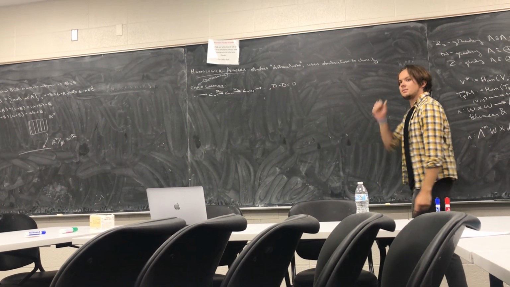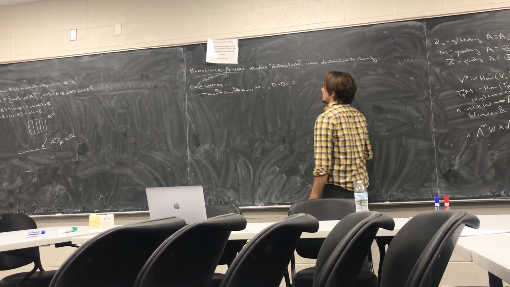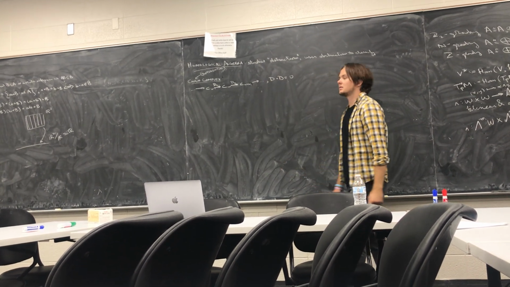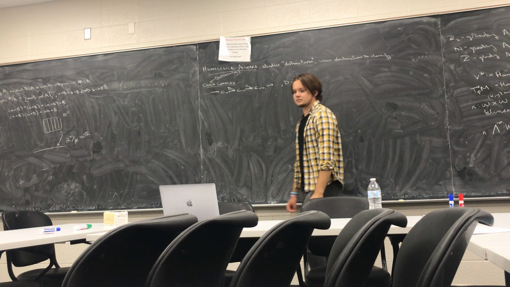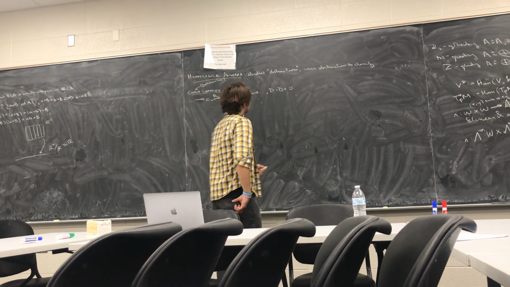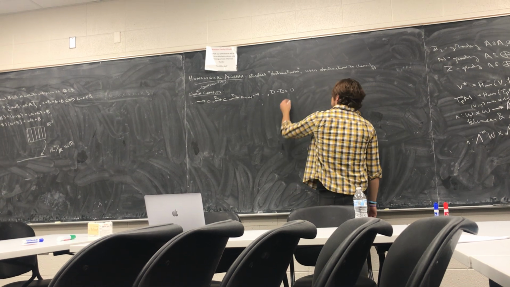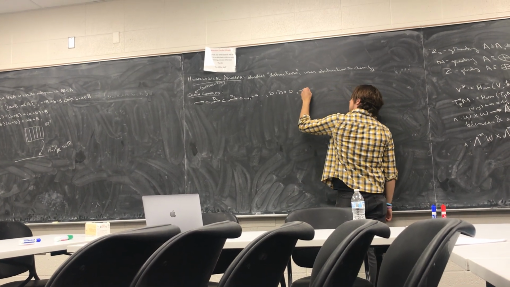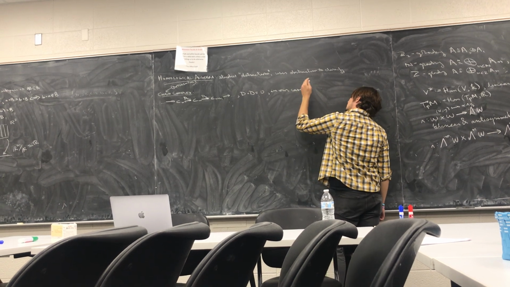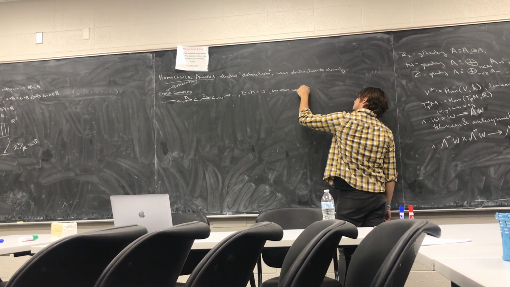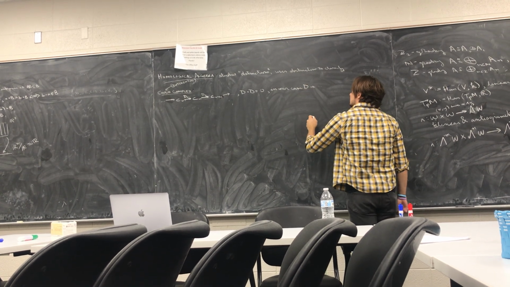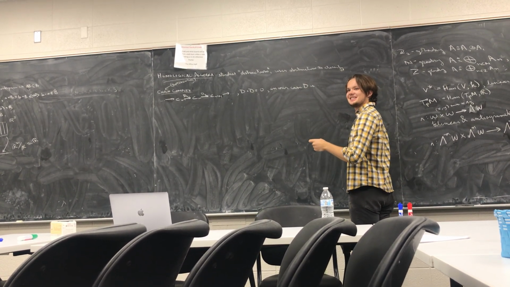D here is an odd derivation, so it satisfies a Leibniz rule, at least for what we're doing. And it's odd, so its commutator is an anti-commutator, which means that property you could also write as 1/2 of the commutator equals 0, which is just d squared equals 0.